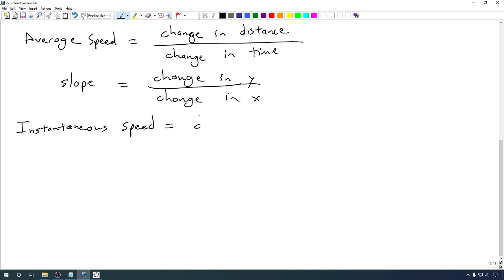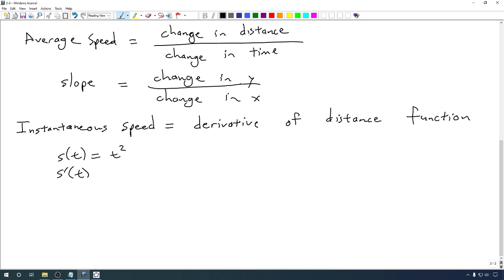And that's going to be the derivative, because we use the derivative to find the slope of tangent lines, of our distance function. So in our particular example, remember our s of t was t squared. That was our actual distance function. We know how to take the derivative of t squared.